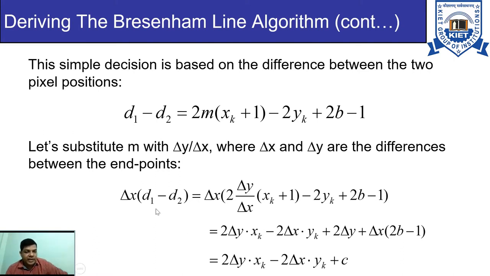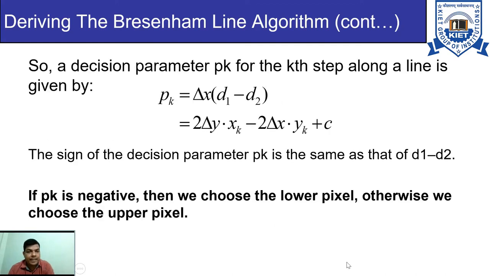So here we are taking one decision parameter, which is called the pixel parameter, and its value is defined as delta x times d1 minus d2. Substituting the value of d1 minus d2 from the above equation, we get delta x times d1 minus d2 is equal to 2 delta y xk minus 2 delta x yk plus c, where c is the constant.